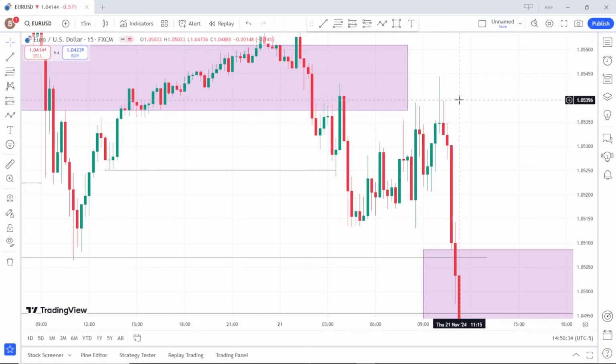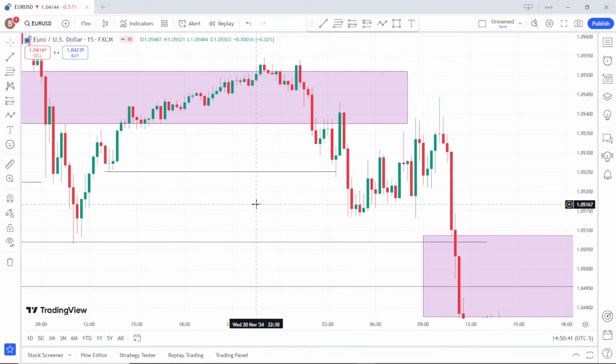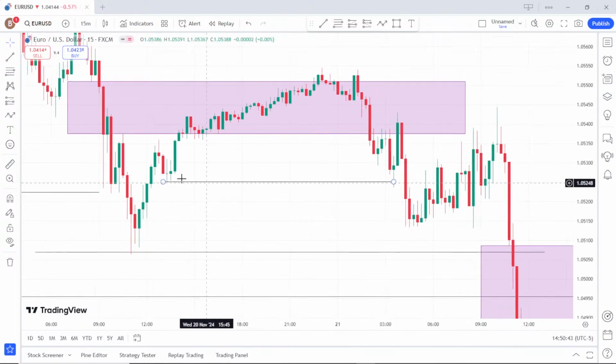That is it. All this leg was retraced and was reversed, and then price retraced back.